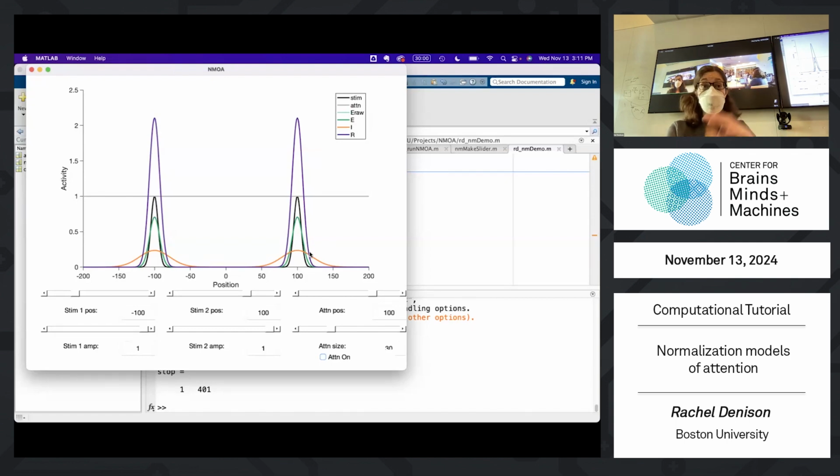So right now, because attention is off, we have no difference between those two things. I is a suppressive drive, and you'll notice that it's linked to the excitatory drive because it's related to whatever's surrounding that space. And then R, the purple curve, is the output response of the neuron.